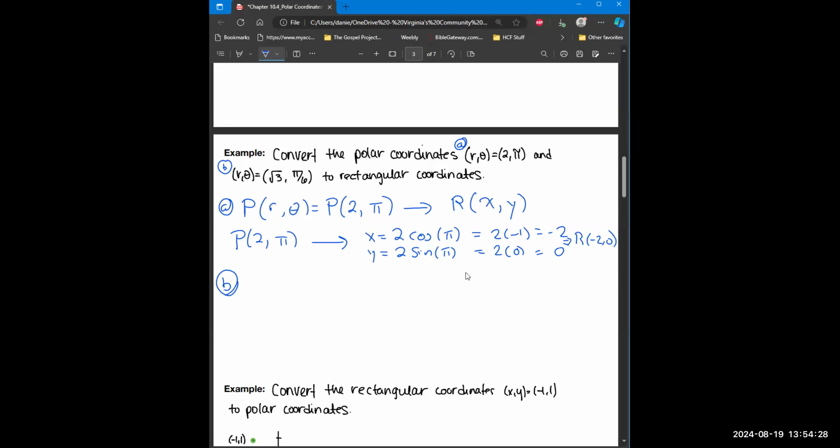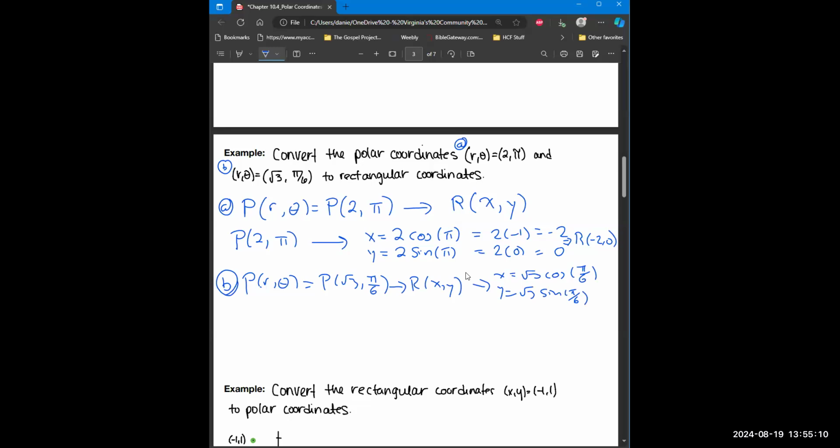All right, now let's look at the polar coordinate system r, theta that we want to have as r being square root of 3, theta being pi over 6. I change that to a rectangular system, x, y. So x equals square root of 3 cosine of pi over 6. y is equal to square root of 3 times sine of pi over 6.